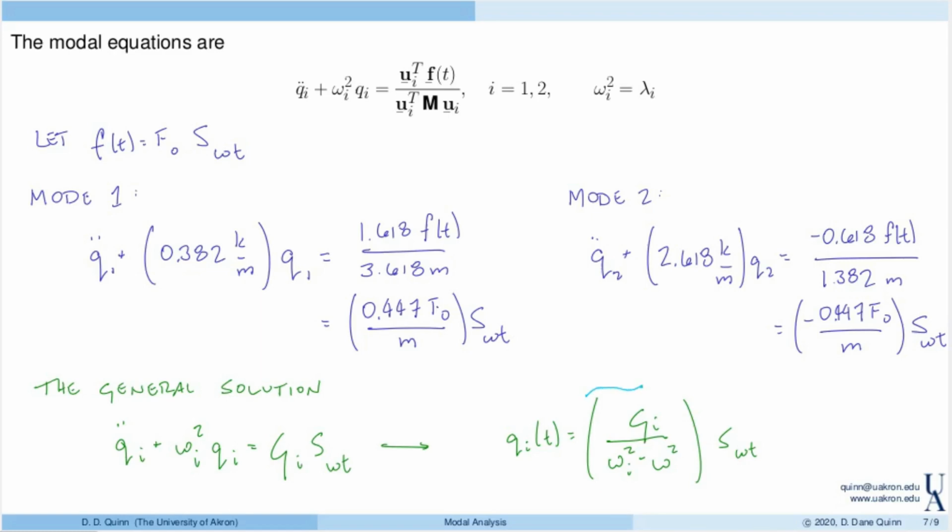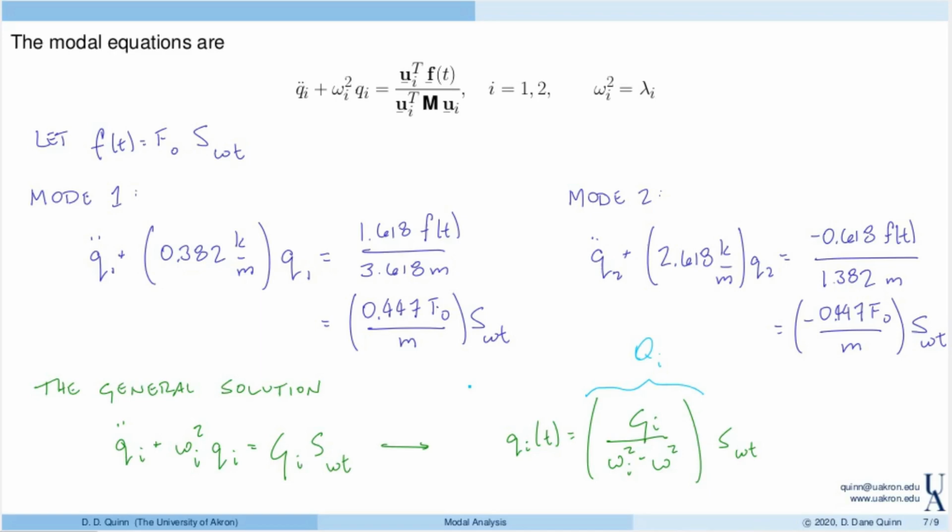So this quantity in parentheses represents the amplitude of the modal solution. We'll call it capital Q since we're using little q as the coordinate. So each mode will respond for the particular solution as a harmonic function with some amplitude. Now, we have not discussed the homogeneous solution here.